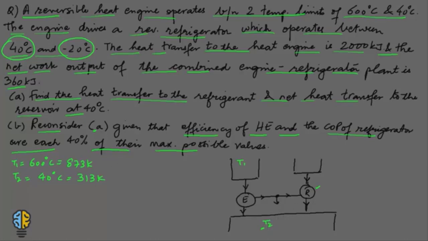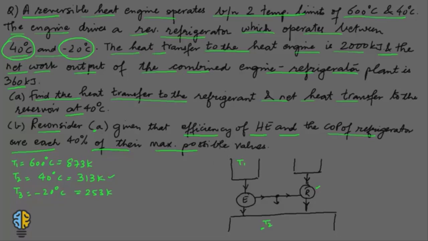So T2 is the temperature at which the refrigerator rejects heat. This is the same for the refrigerator and for the engine, and let us say the heat absorption temperature of the refrigerator is minus 20 degrees Celsius, which is 253 Kelvin.